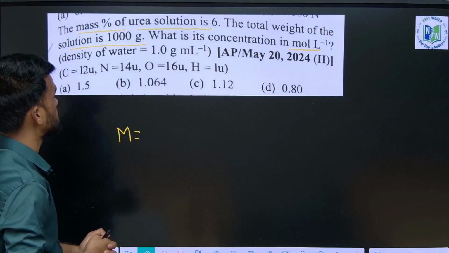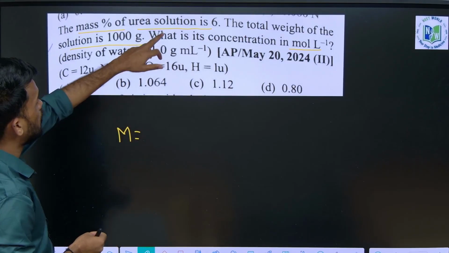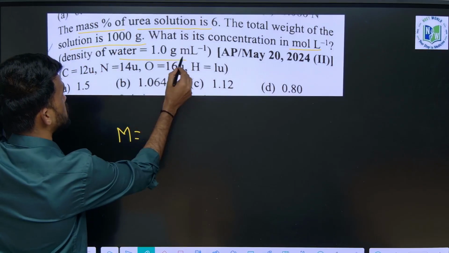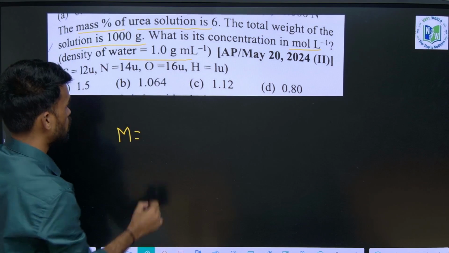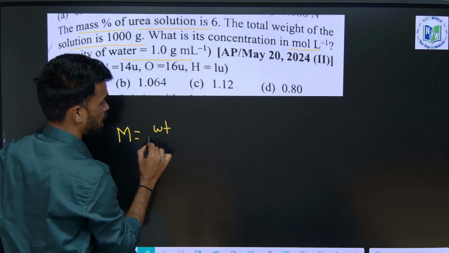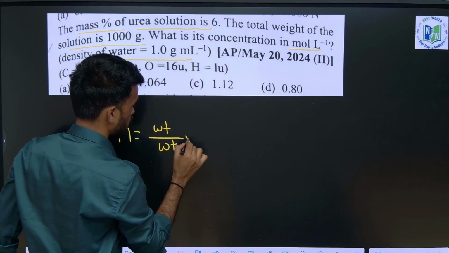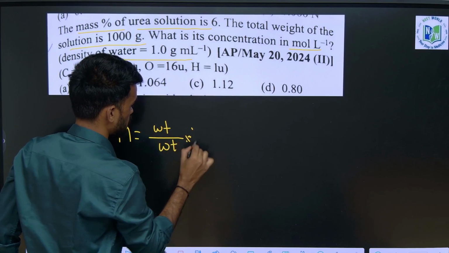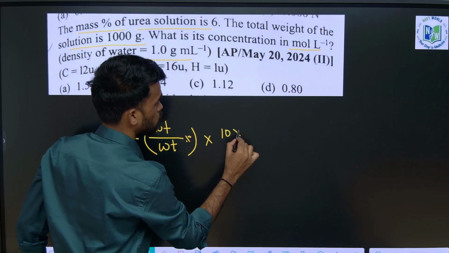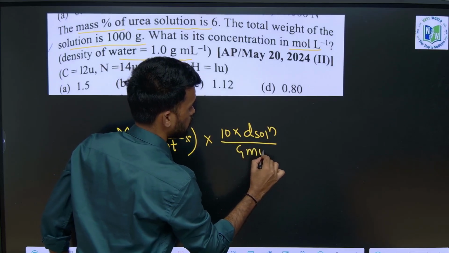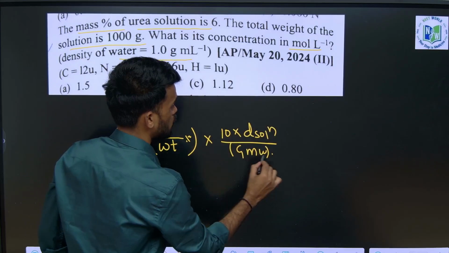They are asking this by interlinking with weight or mass percentage, and the density of the solution is also given. So what is the relation we have? Weight of solute by weight of solution, that is the weight percentage, into 10 into the density of solution by the gram molecular weight of solute.